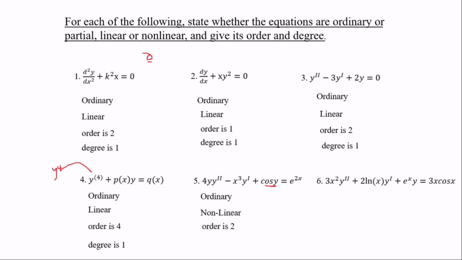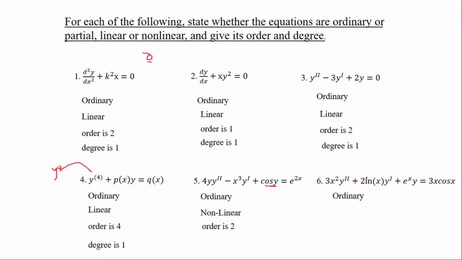Now with the sixth question, we are supposed to find 3x²y'' + 2 ln x y' + e^x y = 3x cos x. As you can see, this is an ordinary differential equation. Is it linear or non-linear? It is linear because, for it to be non-linear, you shouldn't have the dependent variable multiplying a transcendental function.